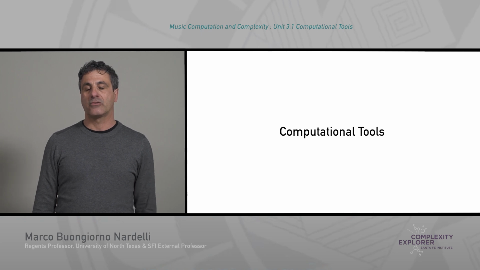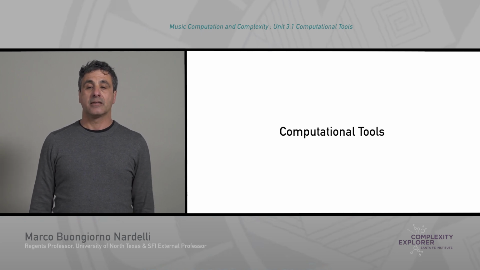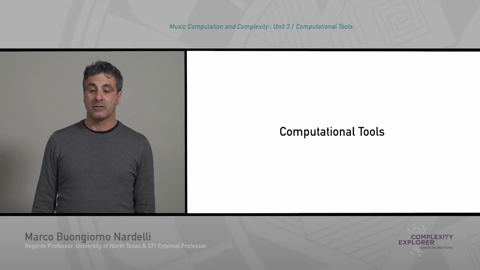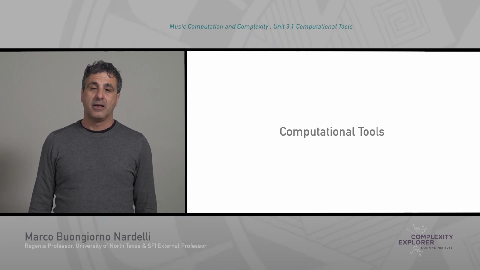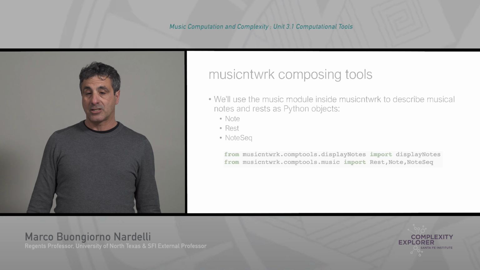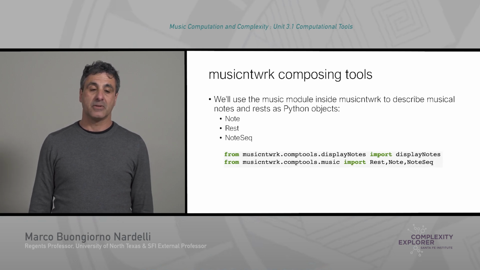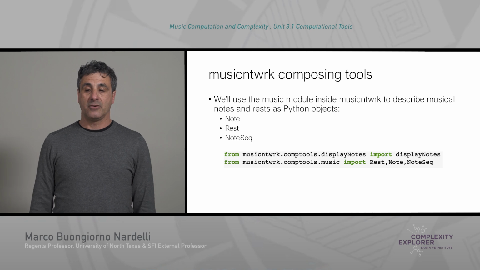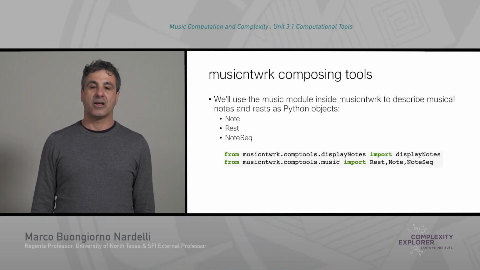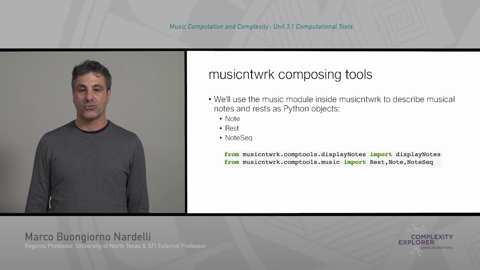We will be using this library extensively, and you will also have information on how to install it in the section where I explain all the technical requirements. Music Network is a very large library, but for now we are only interested in a very limited set of its objects, the ones relating to what I call the composing tools.